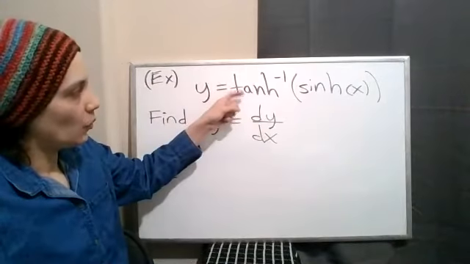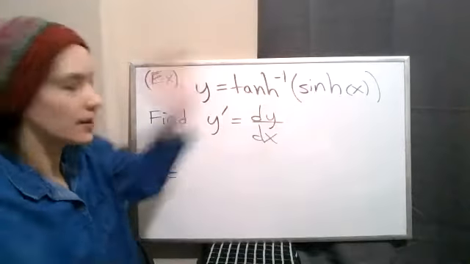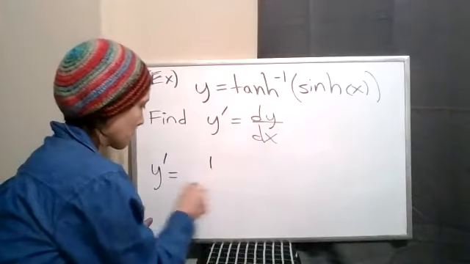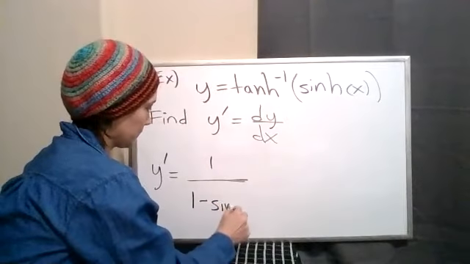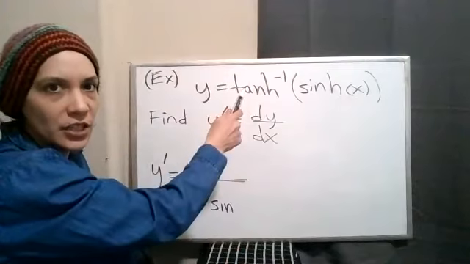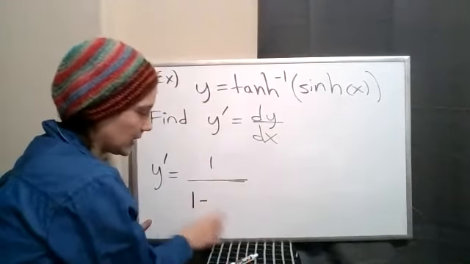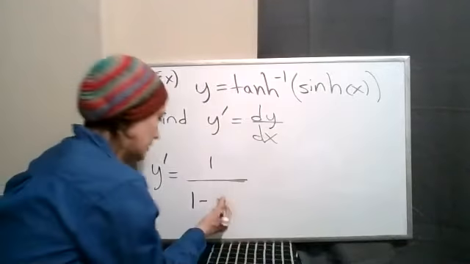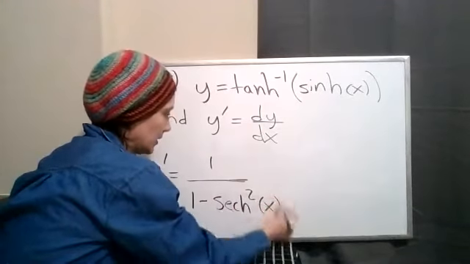So we're going to put 1 over 1 minus sinh squared. Oh, the derivative of tanh is hyperbolic secant squared. So this is sech squared of x.